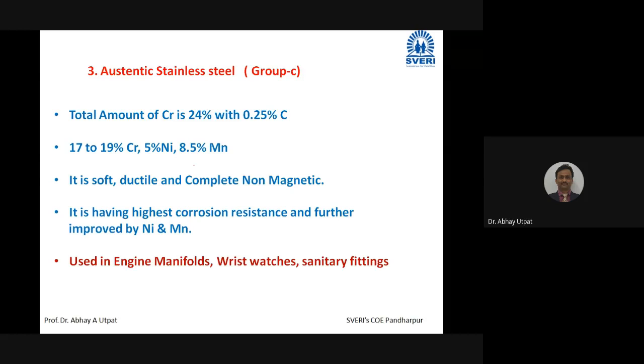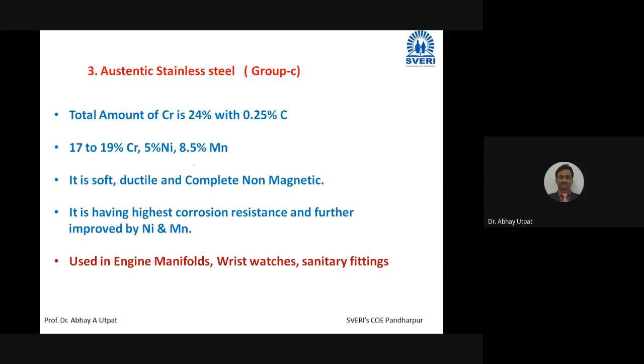Total amount of chromium is 24% and more, with 0.25% carbon, and this composition is 17 to 19% chromium, 5% nickel, and 8.5% manganese. It is also soft, ductile, and completely non-magnetic. There is no question of magnetism for austenitic stainless steel. Excellent corrosion resistance properties, further improved by nickel and manganese.